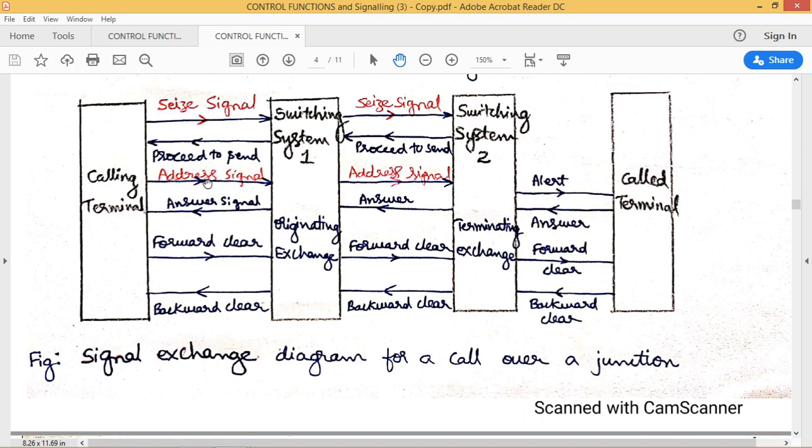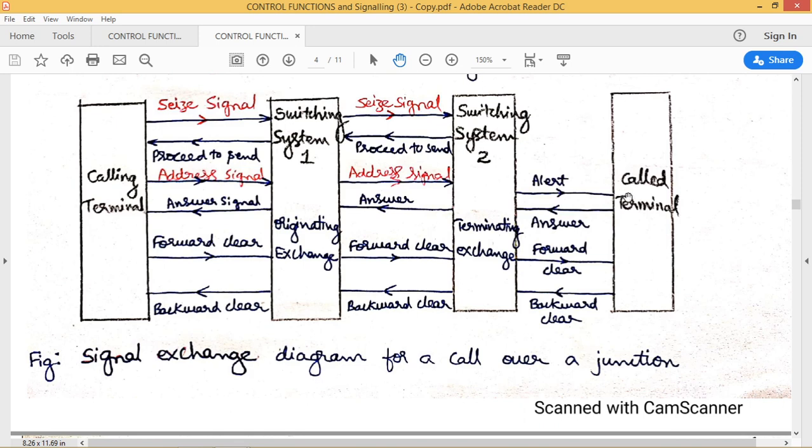This address signal is given to the originating exchange and forwarded to the terminating exchange. Next, it decides whether the address is connected to this particular exchange. After deciding, it sends the alert signal to the intended destination, that is, to the called terminal or called person.